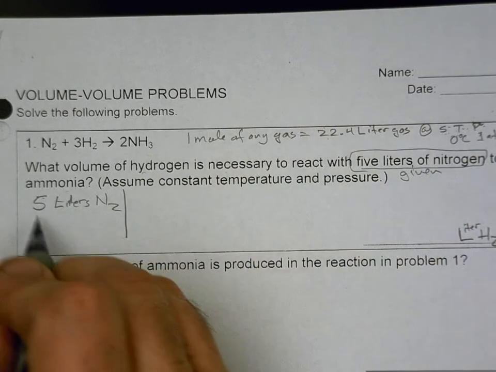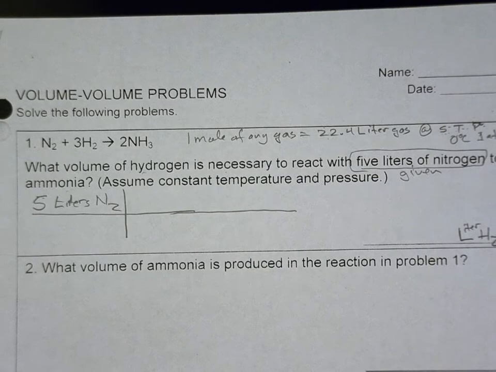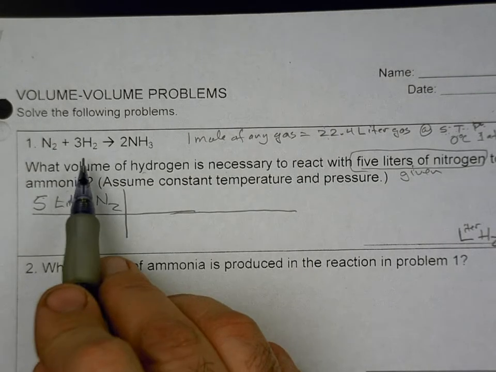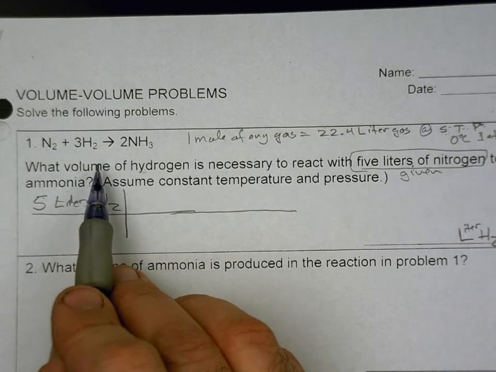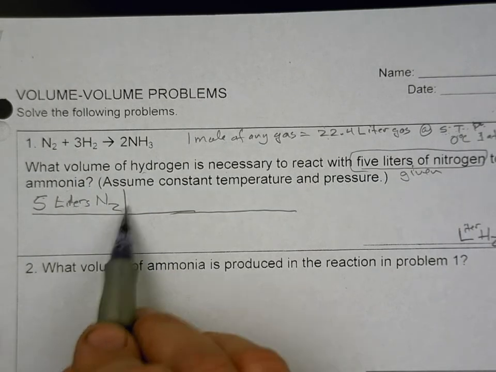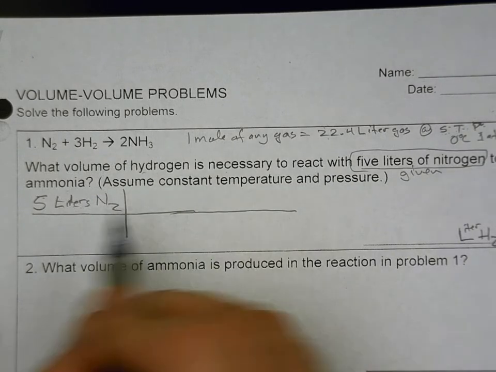So we're going to set up our dimensional analysis conversion chart. Second greatest invention since ice cream. Now what we want to do is find out the nitrogen over here. So what we need to do is get this into moles of nitrogen because it's the moles that will allow us to do the proper conversion.